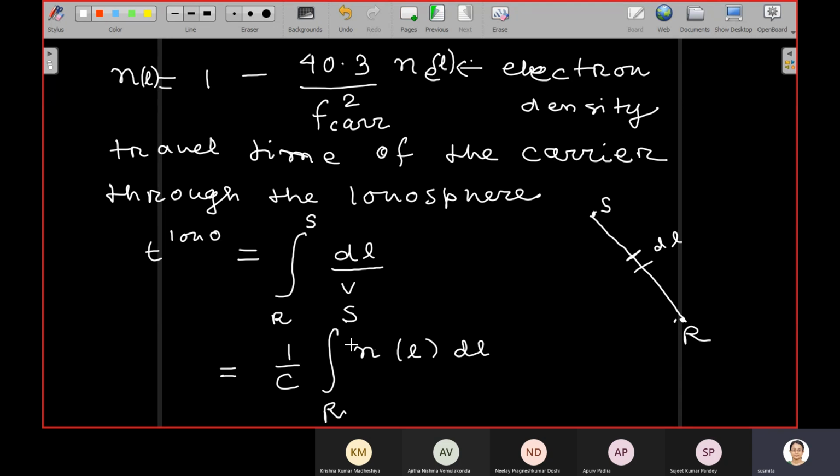Next we will substitute for N of L using this expression.